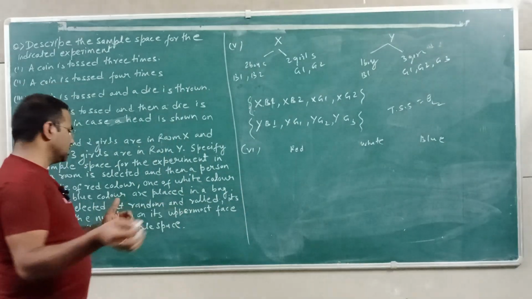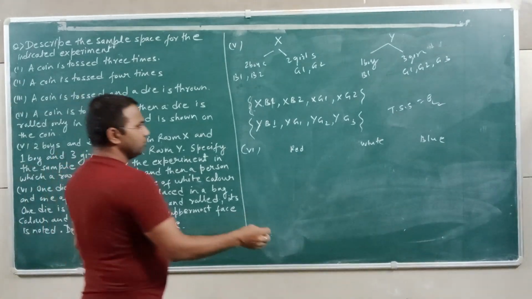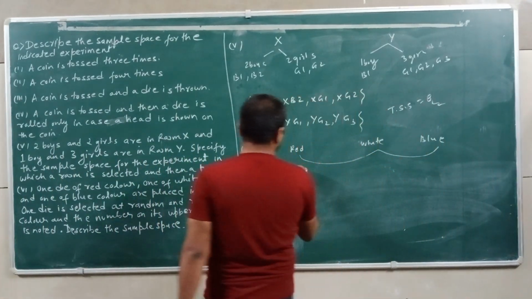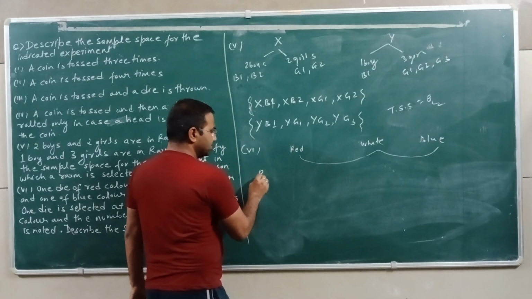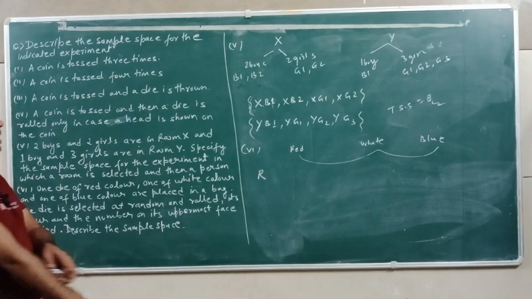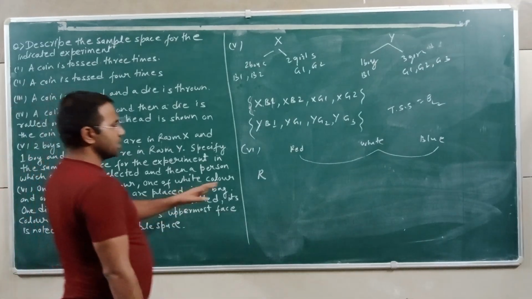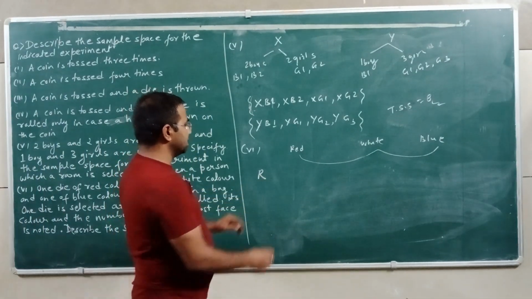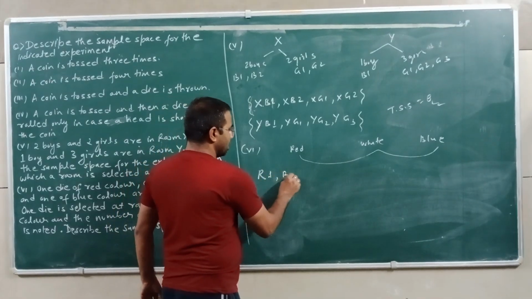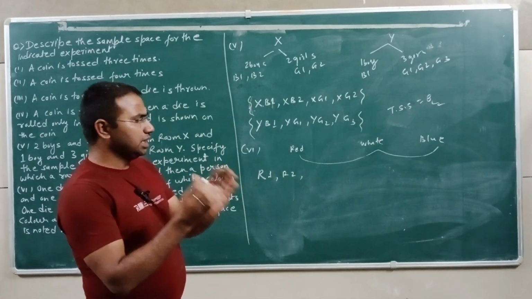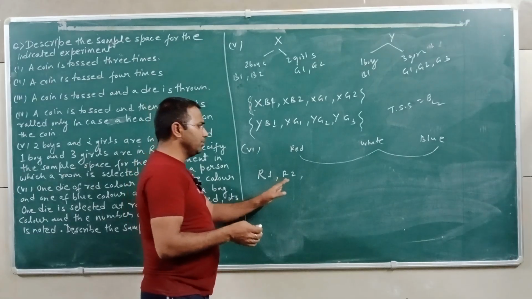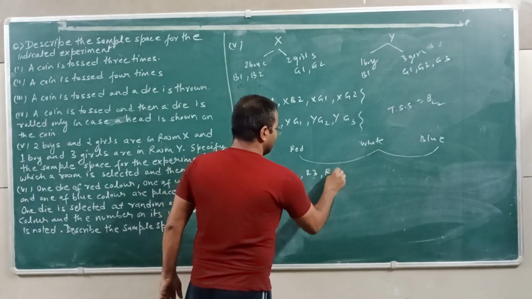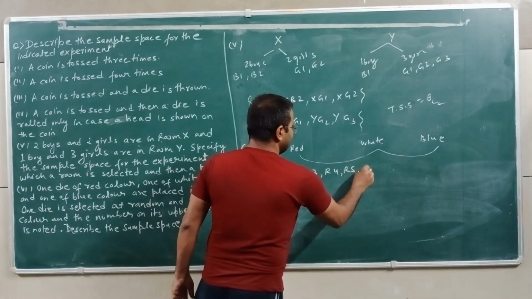So you have to write the sample space. How will you select? Suppose from the three dice you have selected R. Then the sample space can be R1, R2, meaning on the red colored die maybe 1 will be there, maybe 2, maybe R3, R4, R5, R6.